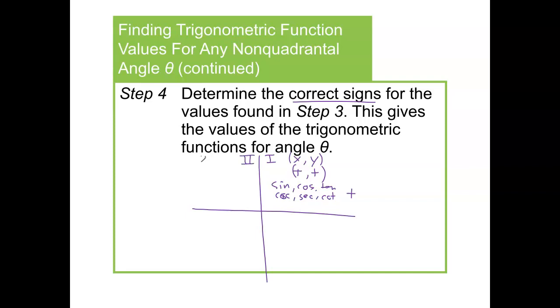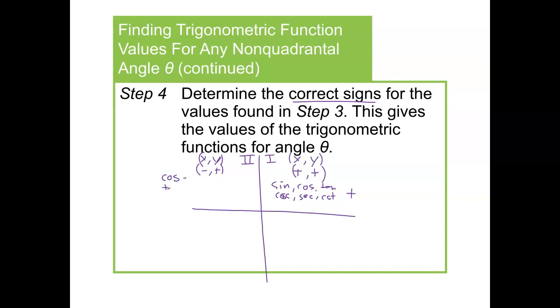X. So for x and y, x is negative, but y is positive. So any of my ratios that involve the x value will become negative. Does sine use an x value? No, it uses y and r, right? What about cosine? Yes, so cosine will be negative. Does tangent use an x value?